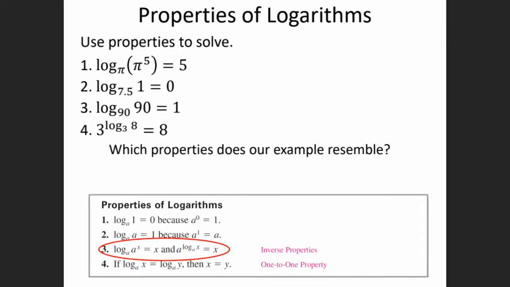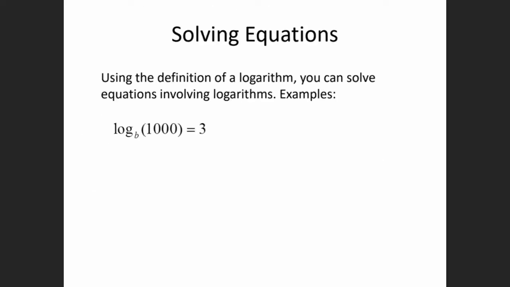So, all right. Let's solve a little bit more equations where we can't really use our one-to-one property, or maybe we can, right? So the problem says use definitions of logarithms to solve the given problem. So we have log of base b of 1000 equals 3.